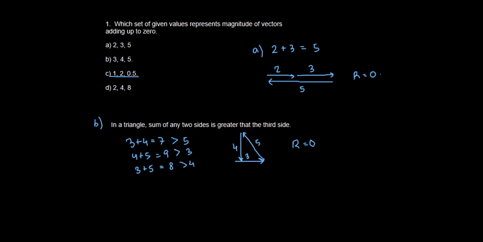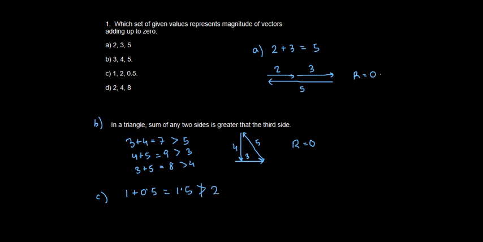Similarly, let us check option C. Is any two numbers adding up to the third? 1 plus 2 is 3, which is greater than 0.5. 2 plus 0.5 is 2.5, which is greater than 1. But unfortunately, 1 plus 0.5 is equal to 1.5, and this is not greater than 2.